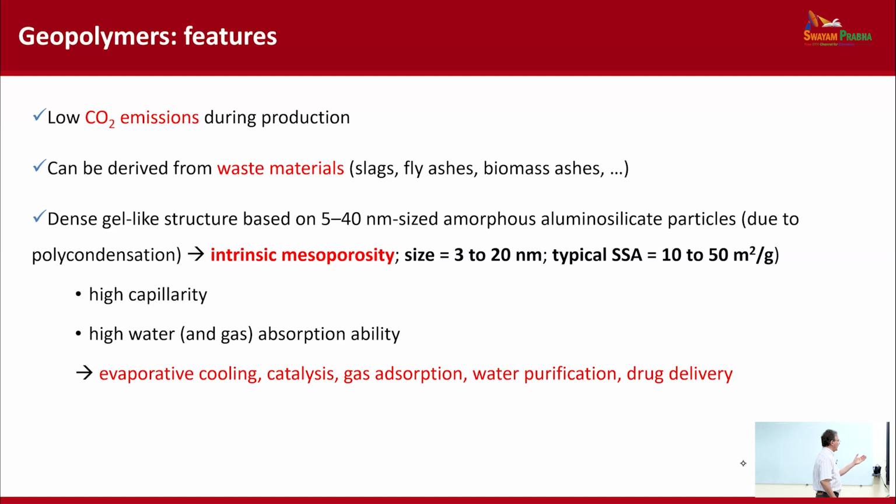For instance, water purification. The geopolymer can ion exchange alkaline ions for heavy metal ions that are present inside the water. So for instance, geopolymers are very good for absorbing arsenic, for absorbing lead ions from water.